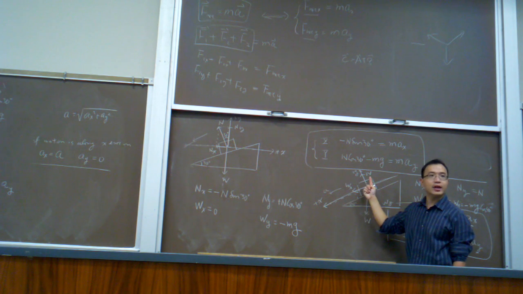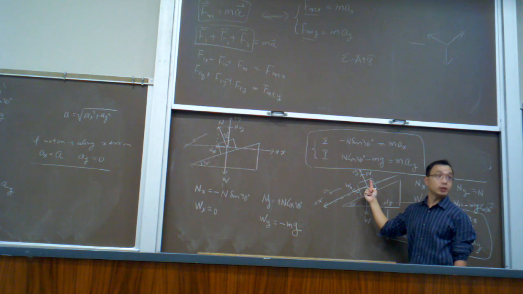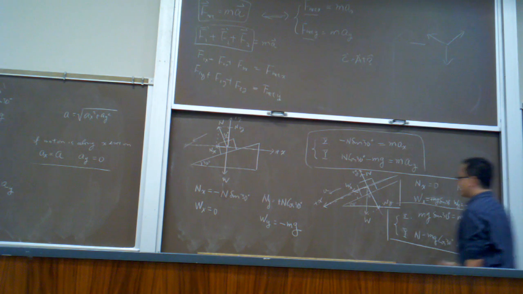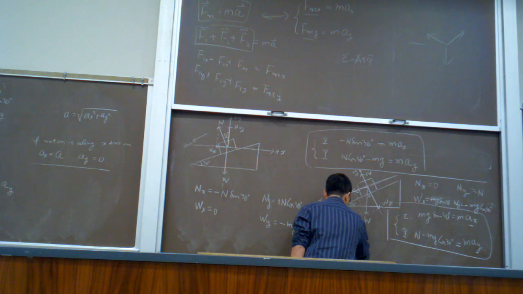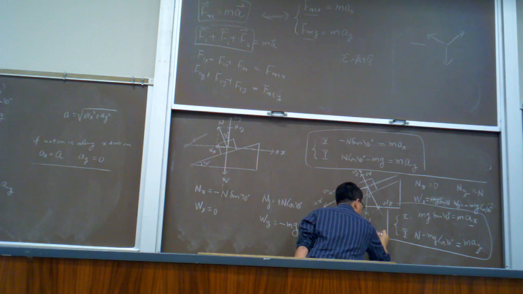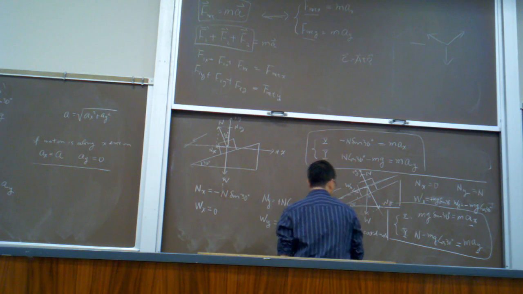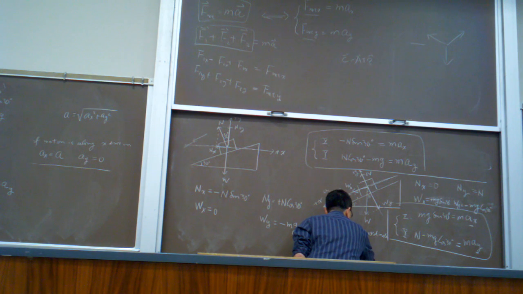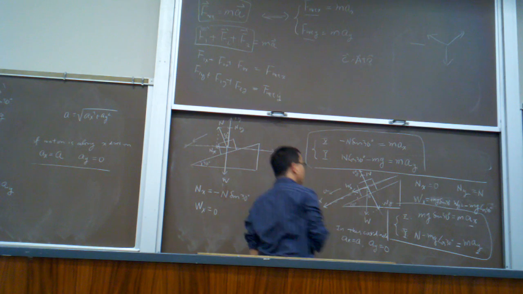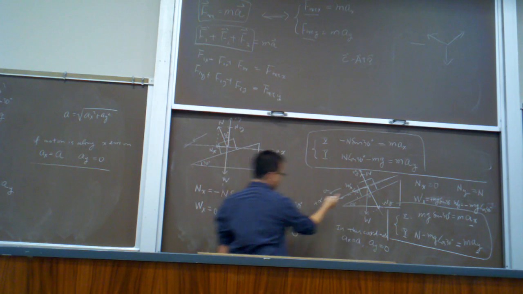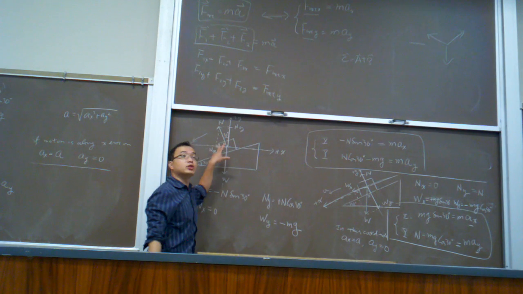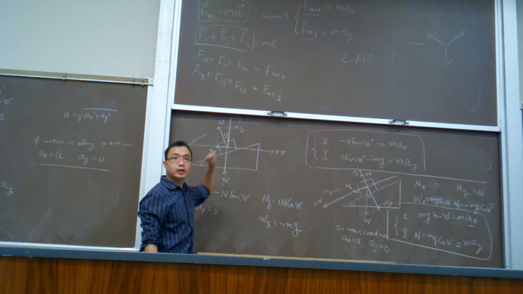It doesn't have any y component in this coordinate. So in this coordinate, ax equals a and ay equals 0. It's only true if you are decomposing it in this way, and it will not be true if you are decomposing it in this way.